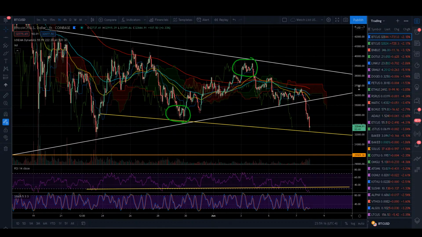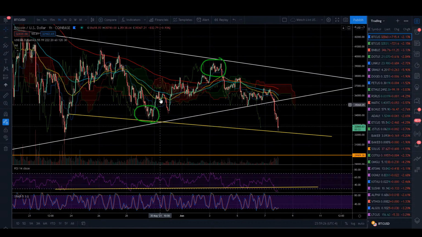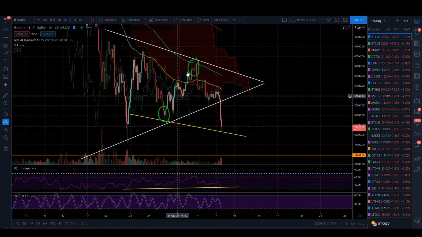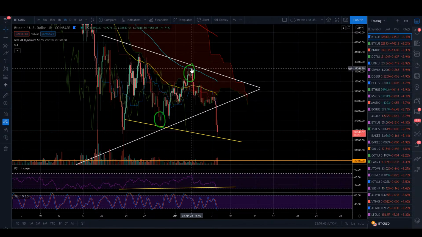So that's why the 4 hour tends to be really good for identifying the runs that matter, because if I was to get into a trade based on the hourly, it could be in and out, it could be over in one quick cycle. But if I'm getting into a trade when the 4 hour is starting a whole cycle up based on the daily like this, then I know if I started buying in down here at the bottom, when the daily and the 4 hour are both at the bottom, then I can get this whole run up.